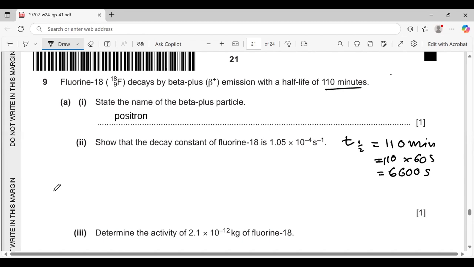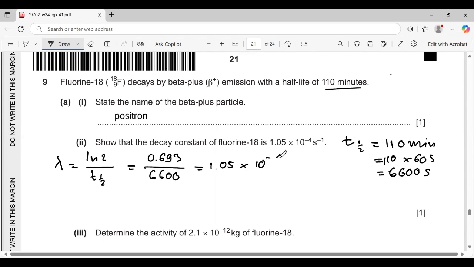So we're going to use the decay constant formula, lambda equals ln 2 over the half-life. So it becomes lambda equals 0.693 over 6,600 seconds. And if you calculate, the result is 1.05 times 10 to the power minus 4 per second.